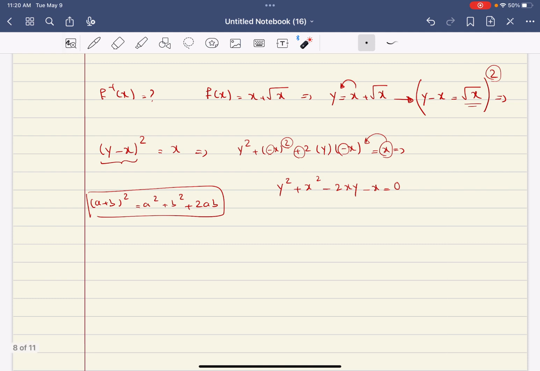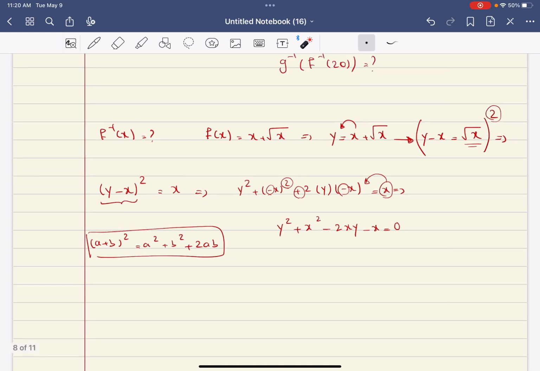So again, we want to find x as a function of y. So only one x should be on the left hand side, and y's or function of y should go to the right hand side.